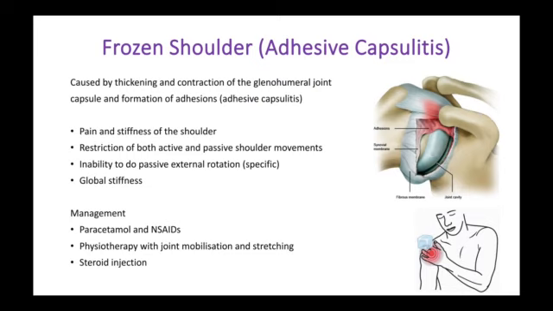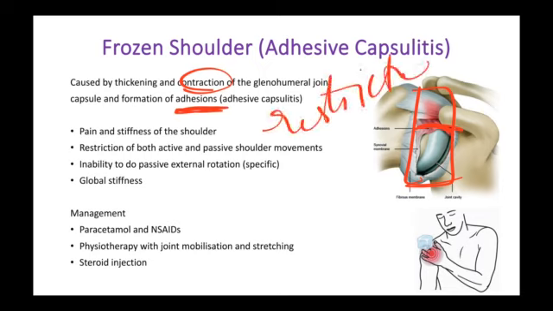In patients with frozen shoulder, this is occurring because of thickening and contraction of the glenohumeral joint capsule. All these contractions eventually lead to the formation of adhesions. As you can see here, this is the adhesion. Because of these adhesions, the patient will have a thickened capsule and restricted movements.